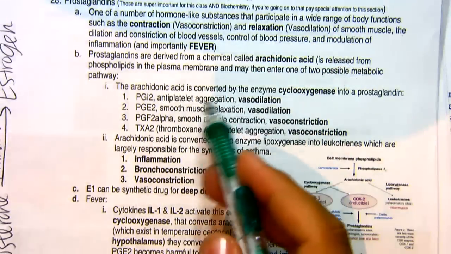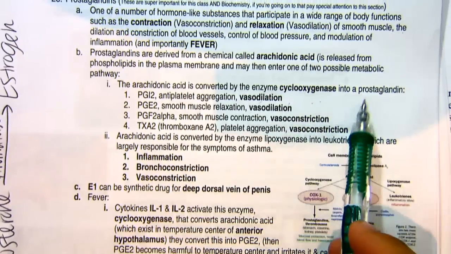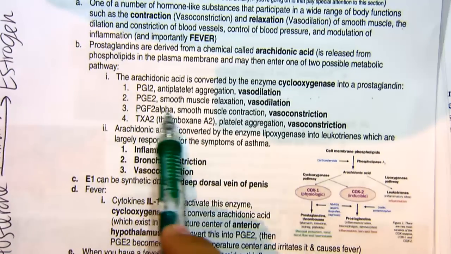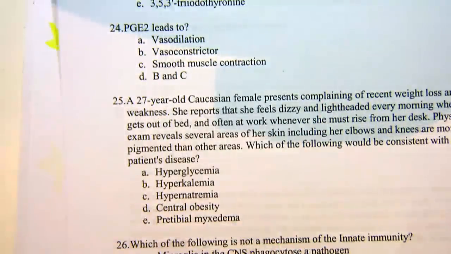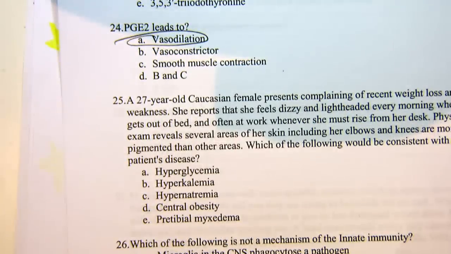With arachidonic acid being converted by the enzyme cyclooxygenase into prostaglandin, with PGE2 we have smooth muscle relaxation and vasodilation. So PGE2 leads to vasodilation. Okay. Oh, my bad. Did you guys hear that? Yeah. Okay.